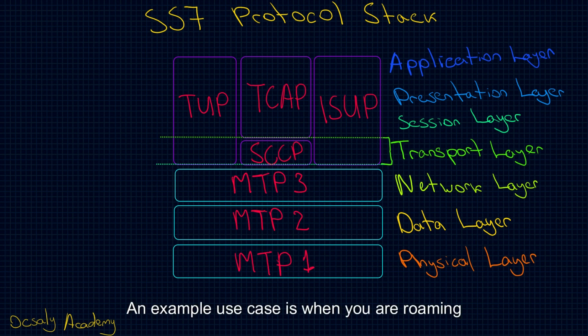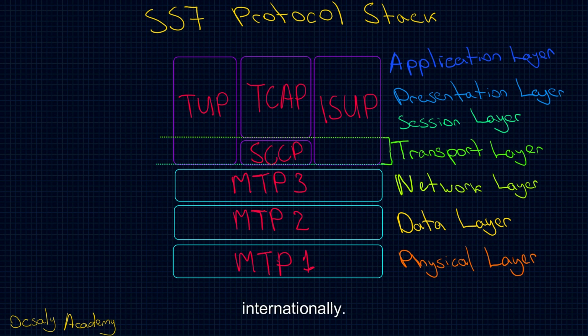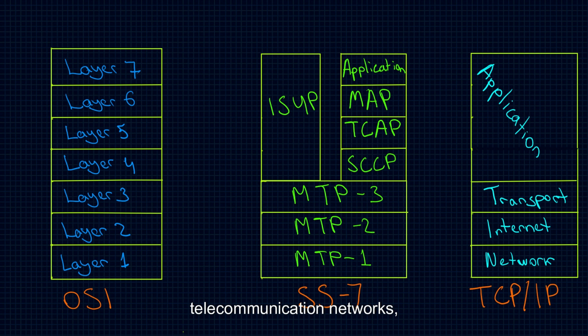An example use case is when you are roaming internationally. TCAP enables the system to verify your subscription details and ensure seamless connectivity. While SS7 is specifically designed for telecommunication networks, parallels can be drawn with the TCP/IP stack, which is commonly used for internet communications.